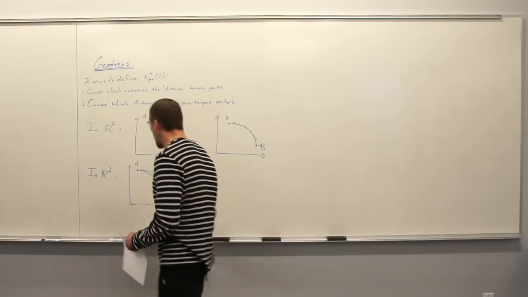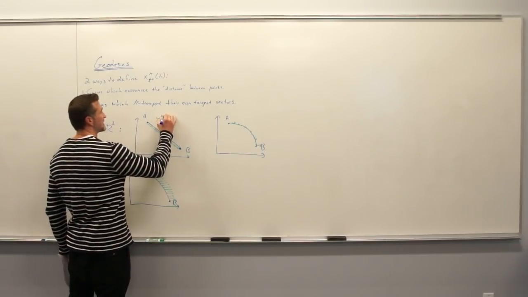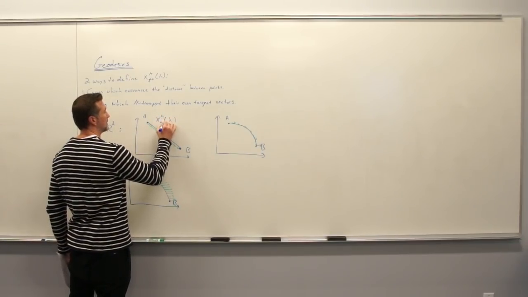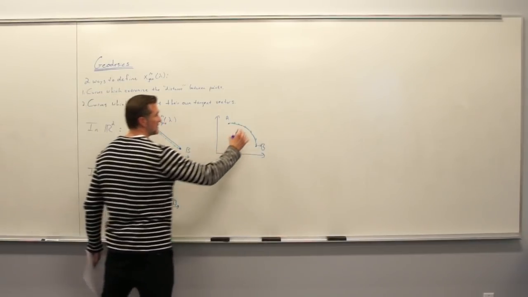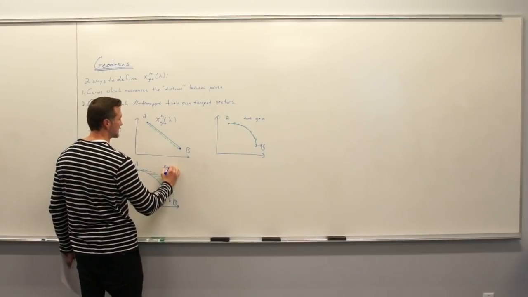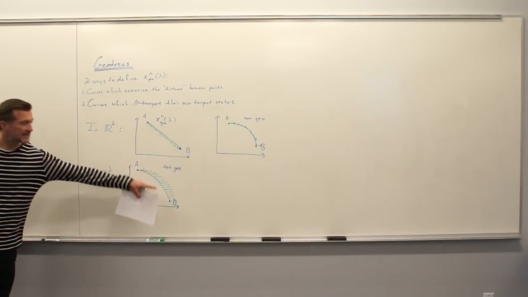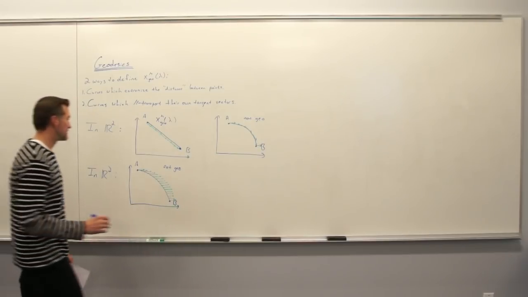But now I'm going to do one thing which changes the story. Okay? So this is a geodesic. This is not a geodesic. This is not a geodesic. But now I'm going to take this exact same curve and make it a geodesic.